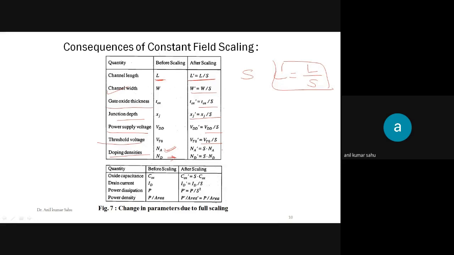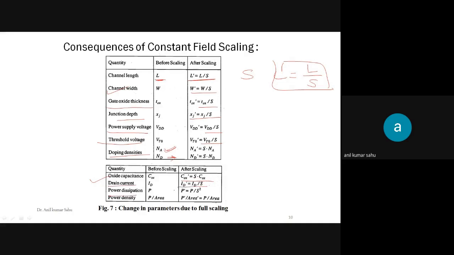So the doping concentrations Na and Nd will increase, and all the dimensions like channel length, channel width, and oxide thickness will reduce, but we have to increase the doping concentration. What about the oxide capacitance? It should be increased. We have to multiply Cox by the factor of S. The drain current will be reduced.